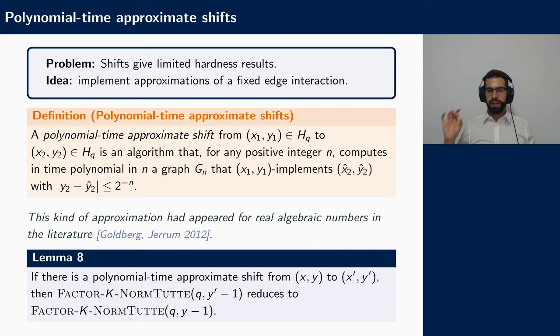With very good, I mean that the additive error that we make is at most 2 to the minus n, okay? These kinds of approximations have appeared in the work of Goldberg and Jerrum before for real algebraic numbers, but what we prove in this paper is that if we have a polynomial time approximate shift from a point to another one, then the approximation problems on the second point reduce to the approximation problems on the first point, okay? So if we have hardness on the second point, we can translate that to the first point.